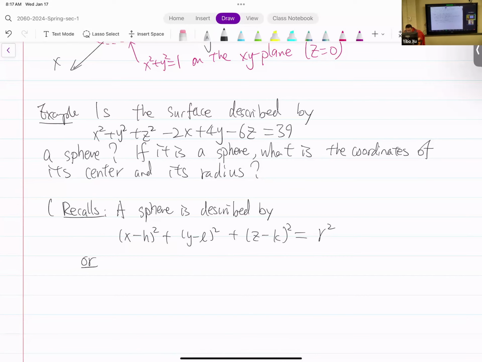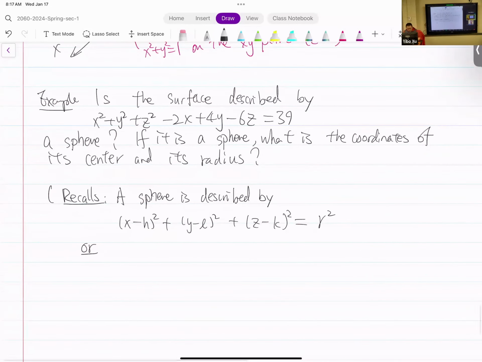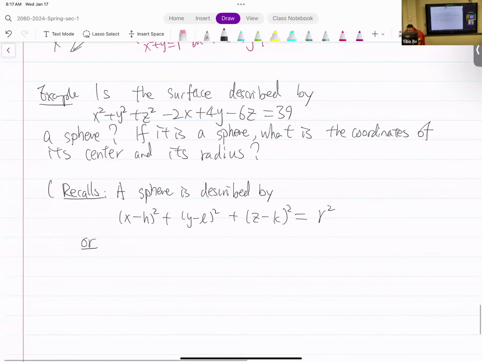So another way of writing the formula that we are familiar with is that we just multiply things out, right? So we have three squares. So equivalently, x minus h squared is what? It is x squared minus 2xh. Well, let's put the constants in the front.